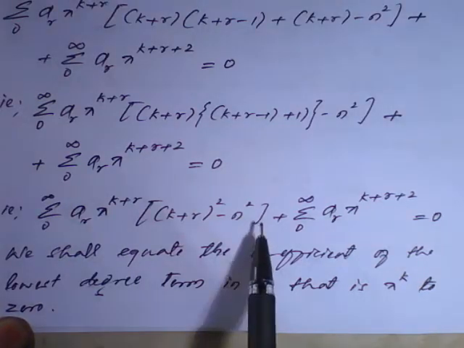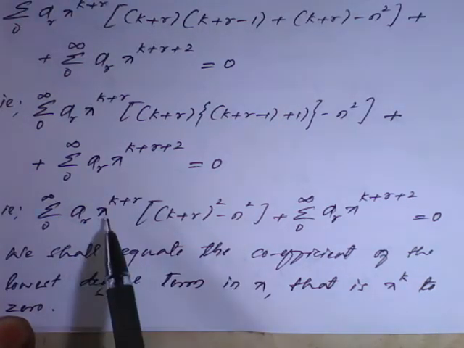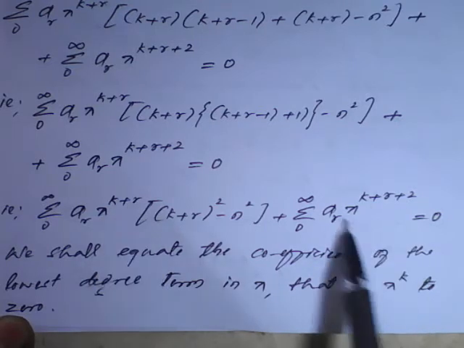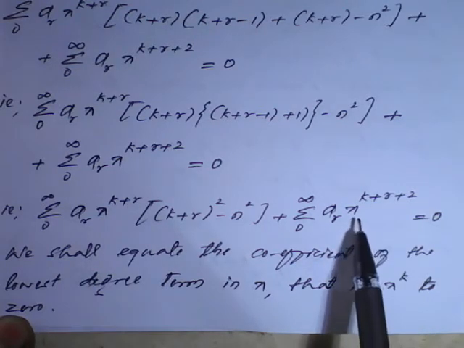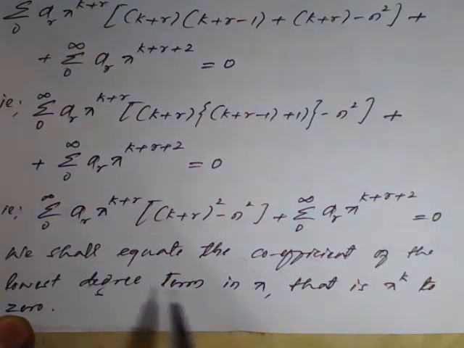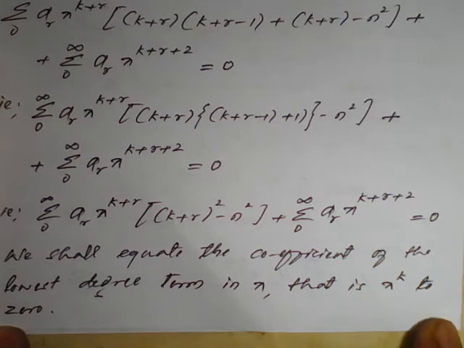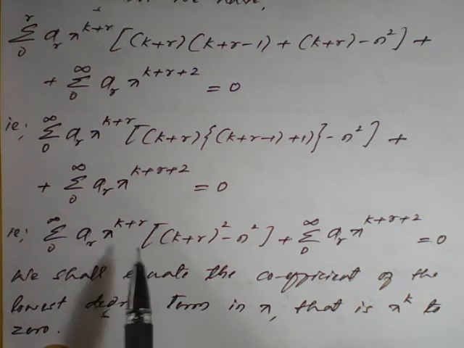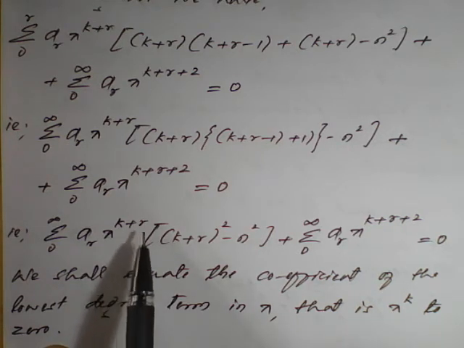From this, the lowest degree term you can write as x raised to k into x raised to r, and this also you can write as x raised to k into x raised to r into x raised to 2. We need to equate on both sides, and we'll see what happens in the next steps. One thing I want to clarify: to find the coefficient of x raised to k, we need to apply r equal to 0.